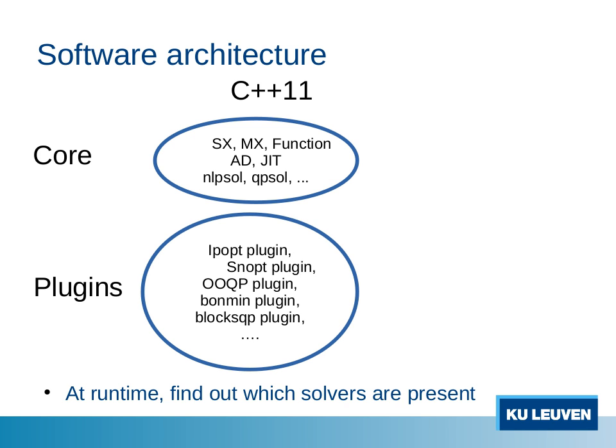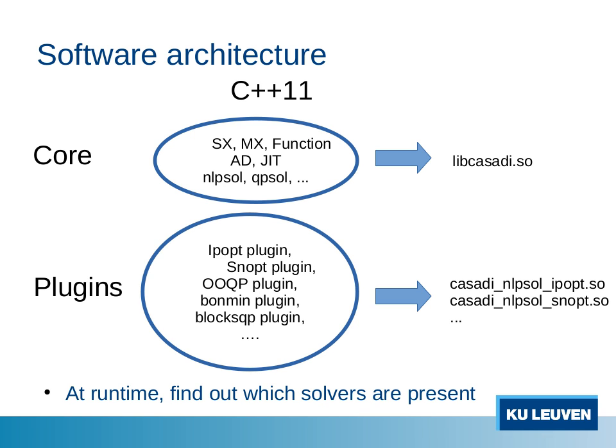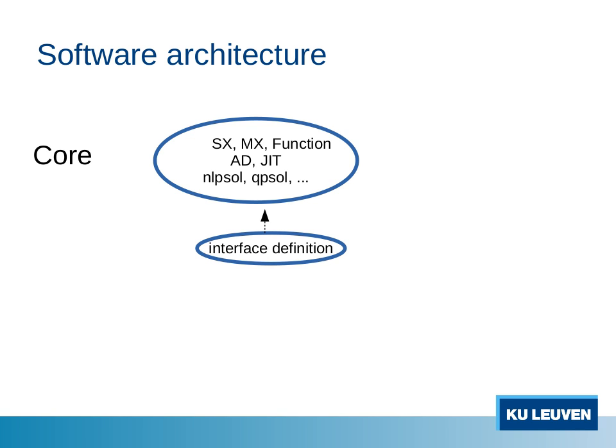And we have the plugins for a lot of numerical backends. The core is compiled into one single library, and each individual plugin is compiled into a separate library. This allows us to see at runtime which solvers are present on some platform. So this is all C++.